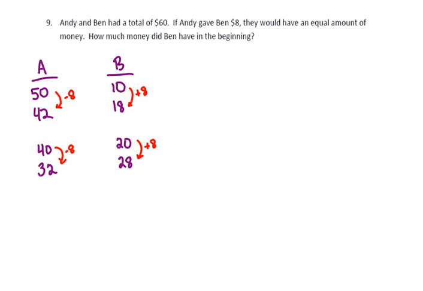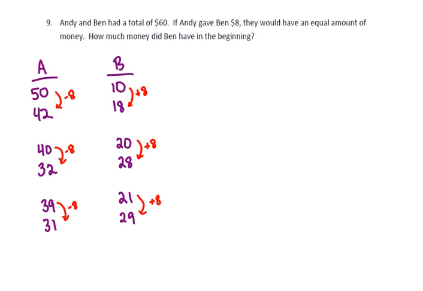So we definitely don't want to jump down a whole another $10. Let's go down $1. Since they have a total of $60 between them, if Andy has $39, then Ben has to have 21. We take away 8 from Andy and add 8 to Ben, and now Andy has 31 and Ben has 29.